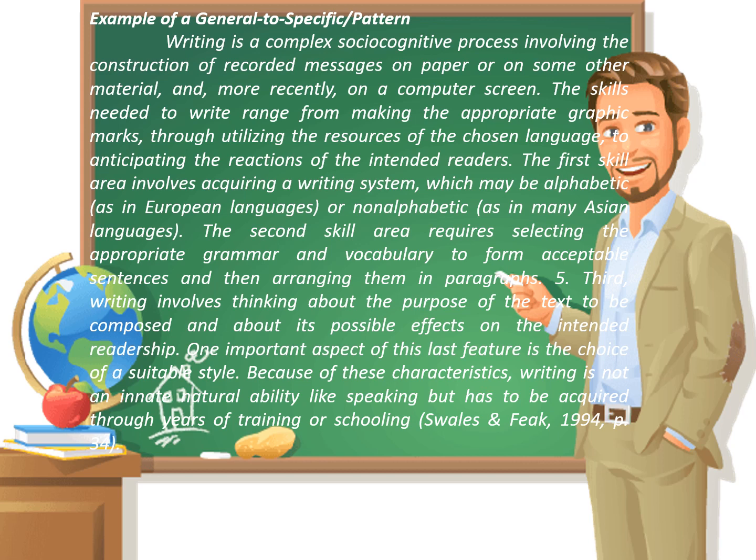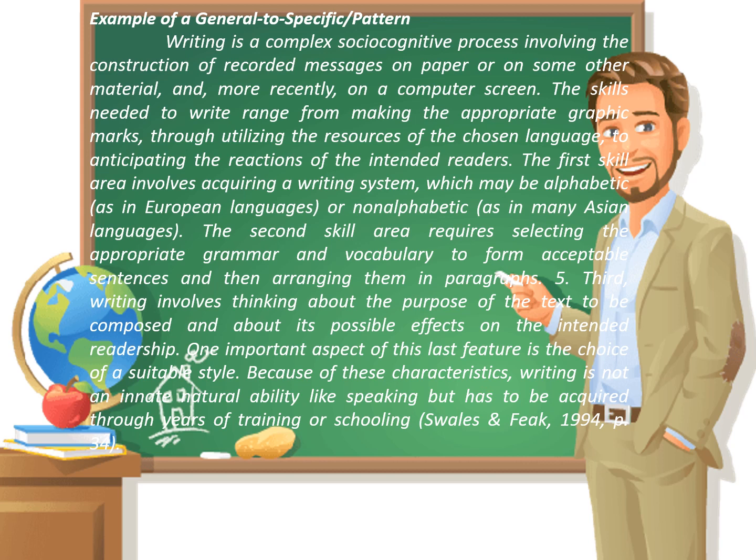The first skill area involves acquiring a writing system, which may be alphabetic, as in European languages, or non-alphabetic, as in many ASEAN languages. The second skill area requires selecting the appropriate grammar and vocabulary to form acceptable sentences and then arranging them in paragraphs.